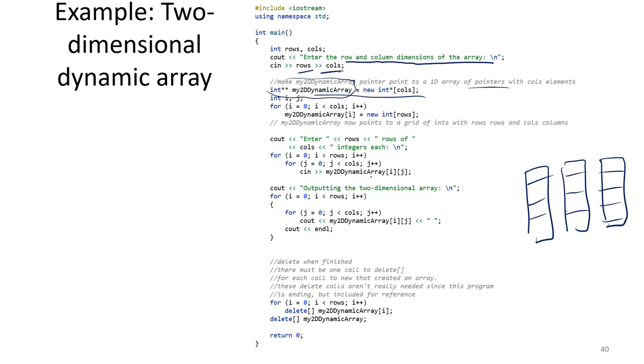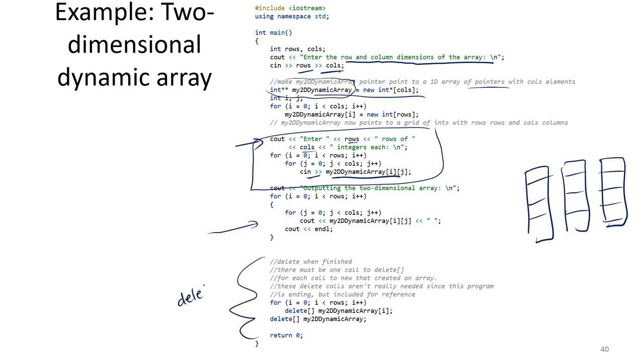And then finally, we give our user the opportunity to enter the data into our array based on the user's input. And then we output our dynamic array to the screen. Finally, just for fun, I've also included the code you would use to delete that dynamic array.